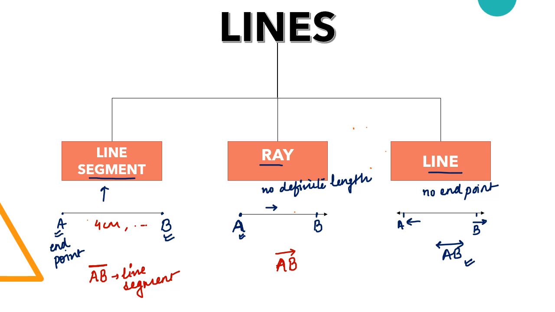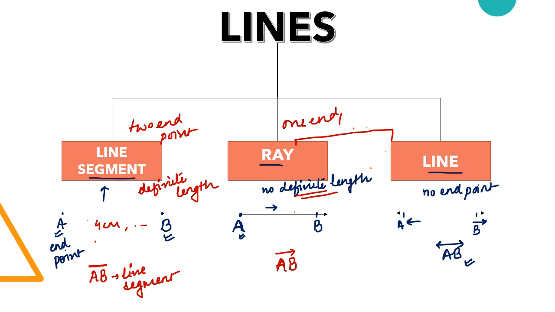Therefore, we can say that a line segment has a definite length while a ray and a line do not have a definite length. They can be extended indefinitely. There are two endpoints in a line segment. There is only one endpoint in a ray and there is no endpoint in a line.